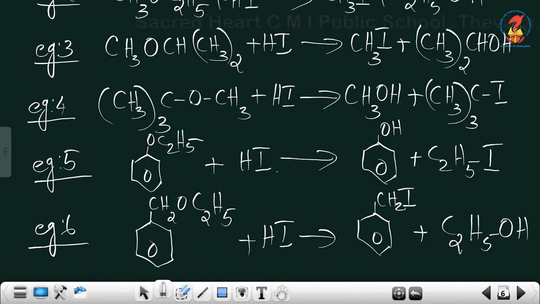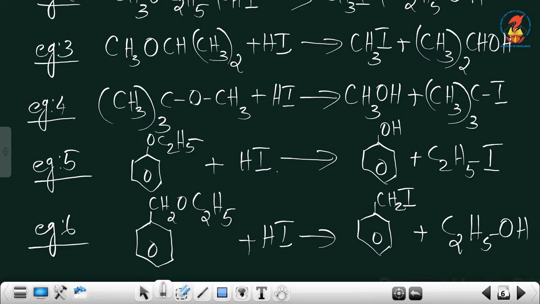Also, in the resonance structure there is a partial double bond character for the phenyl-oxygen bond. As a result, this bond is a little stronger than the O-C2H5 bond. So the O-C2H5 bond will break fast and we get phenol and ethyl iodide as the product. So phenolic ethers with HI always give phenol and alkyl halide.